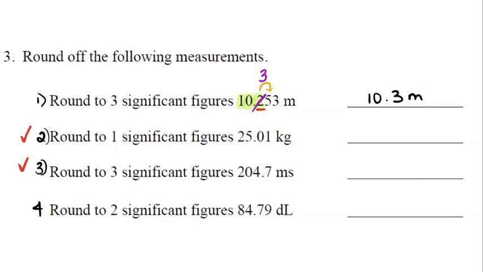Let's find the answers for when we round the measurement 25.01 kilograms to 1 significant figure. And let's find the answer when we round the measurement 204.7 milliseconds to 3 significant figures. I'll give you guys a minute.